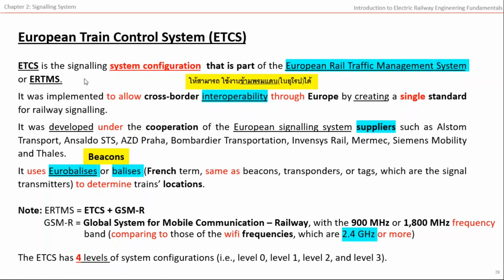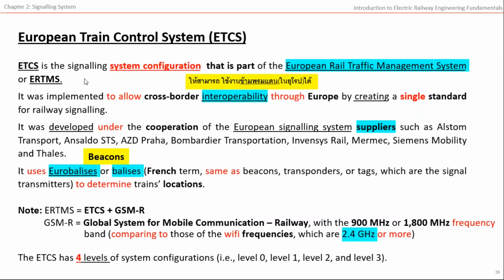It was implemented to allow cross-border operation through Europe by creating a single standard of railway signaling. You can imagine a train moving from one country to another in Europe. There would need to be a single standard signaling system so that they can move through those countries without having to stop and change the signaling system.